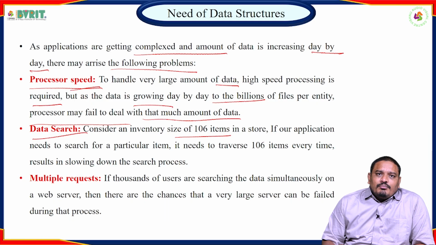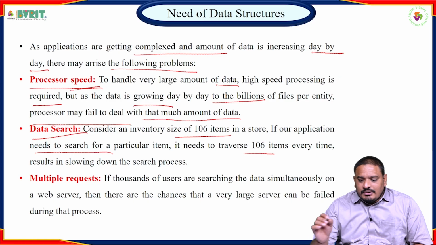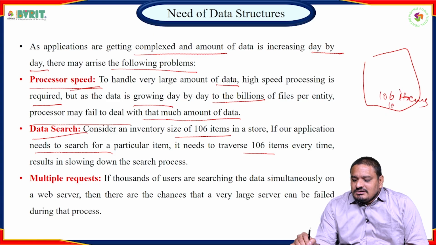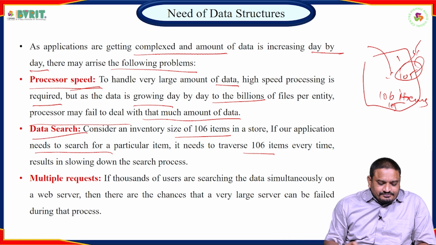My application needs to search for a particular item, so it may have to traverse all 10^6 items. Suppose the data has 10^6 items and the item we want is at position 10^5. We traverse from 1 up to 10^5, and whenever the element matches the one being searched, we find it. That is the data search problem.